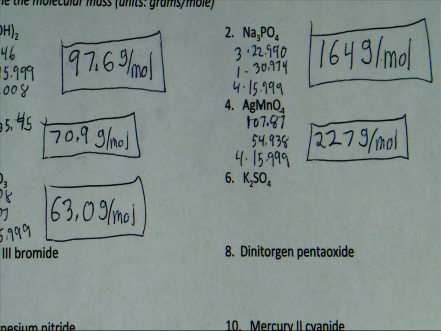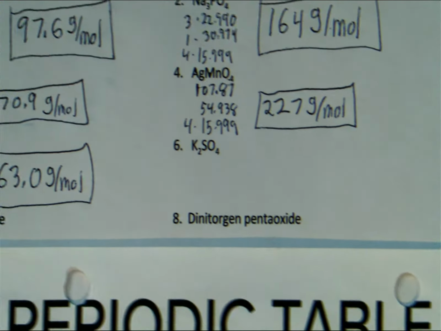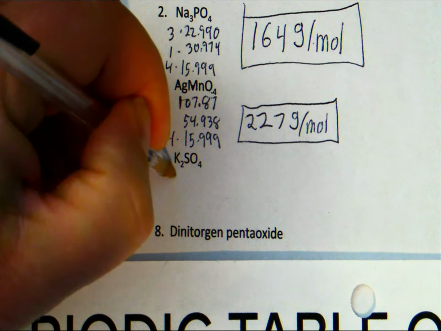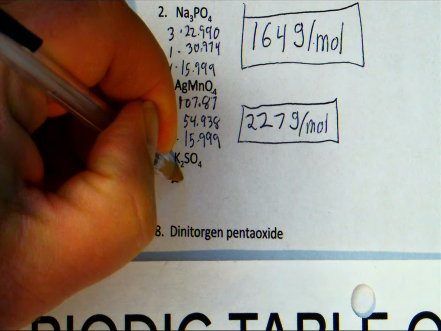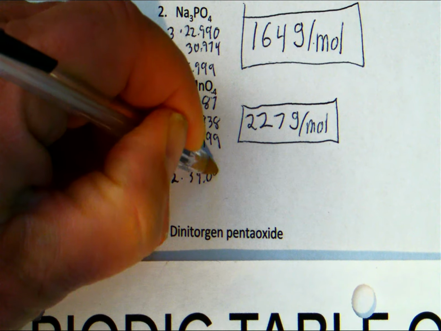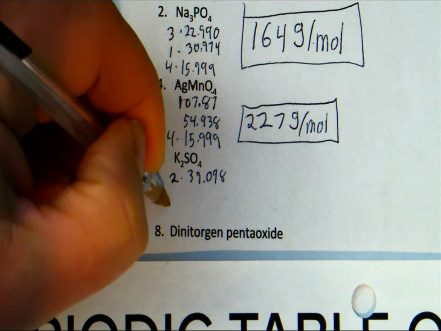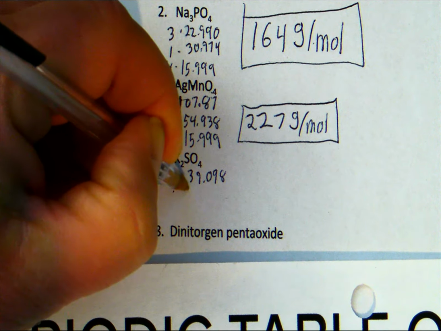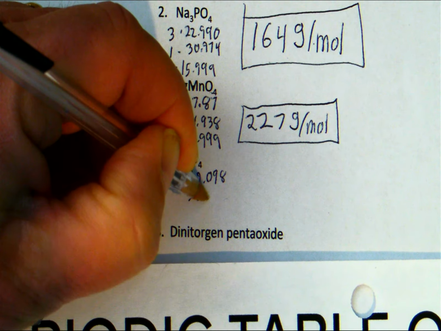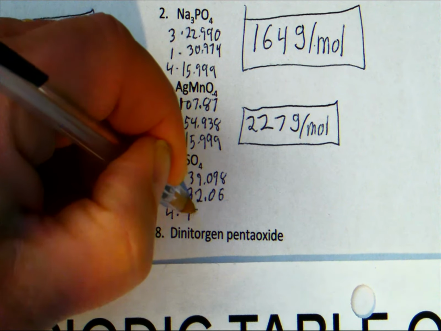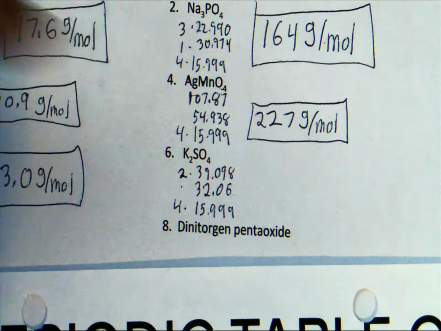Number 6, potassium sulfate. I have 2 potassiums. Potassium is 39.098. I have 1 sulfur, which is 32.06, and I have 4 oxygen, which is 15.999.